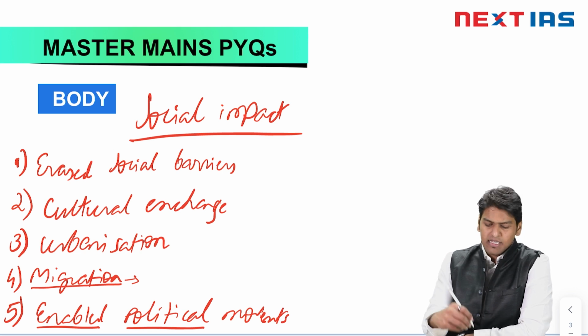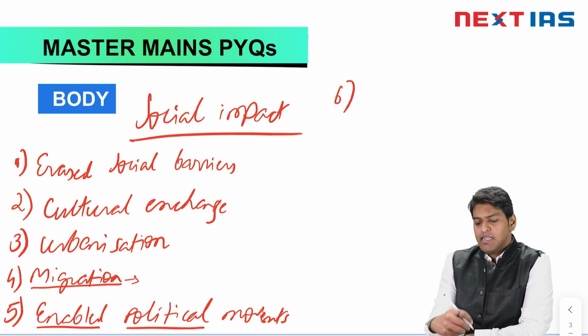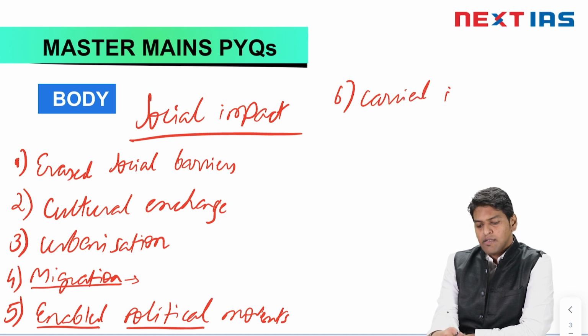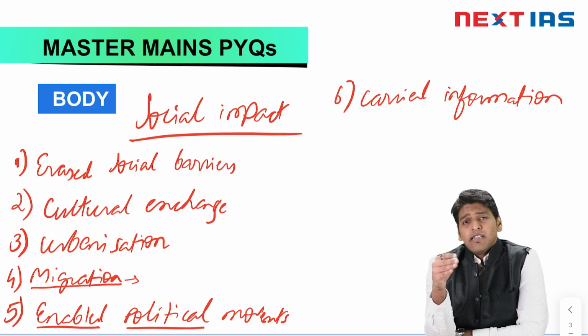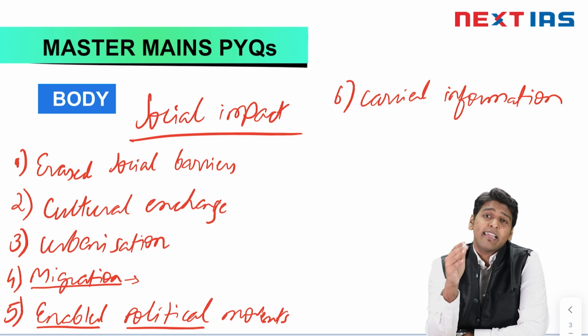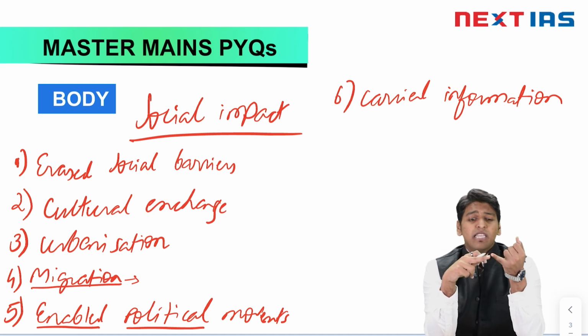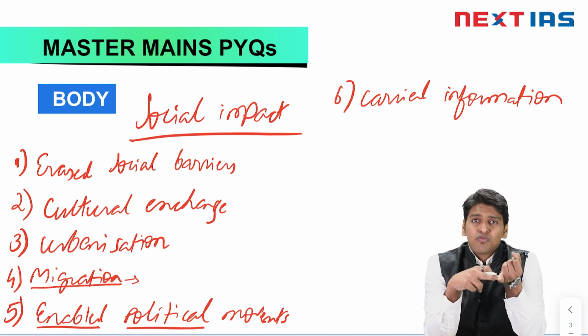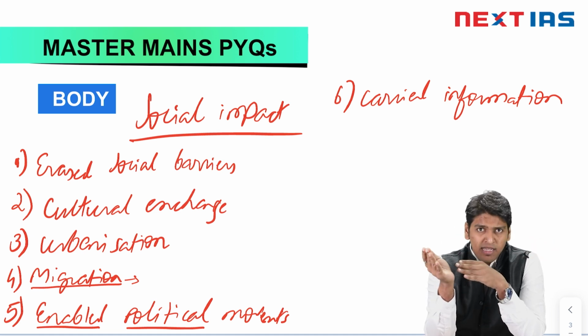Next, the important impact was that it also carried information. Its secondary benefit was the development of telecommunications, but railways directly carried the press, the pamphlets and the newspapers from one area to another in earlier times.